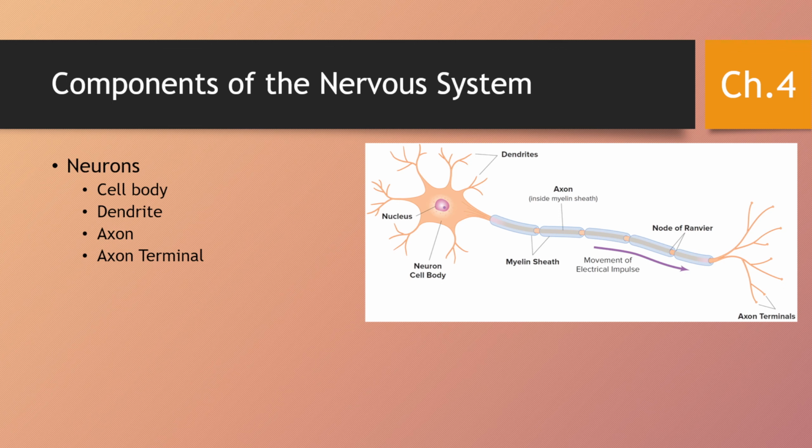Those are actually what's going to take in signals from other neurons and send it to that nucleus. Then we have the axon, that long skinny part with the tubes on it that extends out to the right. That's the axon that's going to send the signal from this neuron out towards other neurons. And in the end of that, all the way on the right-hand side, we have what are called axon terminals. So those are the little pieces that actually touch and connect to the other neurons' dendrites, and that's how the signal gets passed from one neuron to the next.